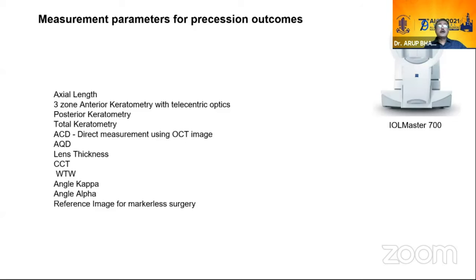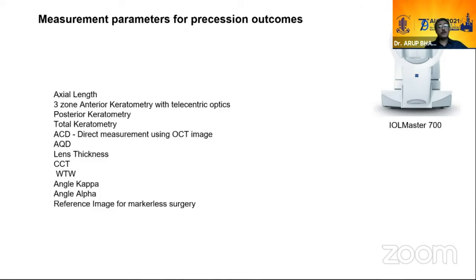So what is the IOLMaster 700 giving? It measures axial length, 3-zone anterior keratometry with telecentric haptics, posterior keratometry, total keratometry, ACD, aqueous depth, lens thickness, CCT, white to white, angle kappa, angle alpha, and reference image work.